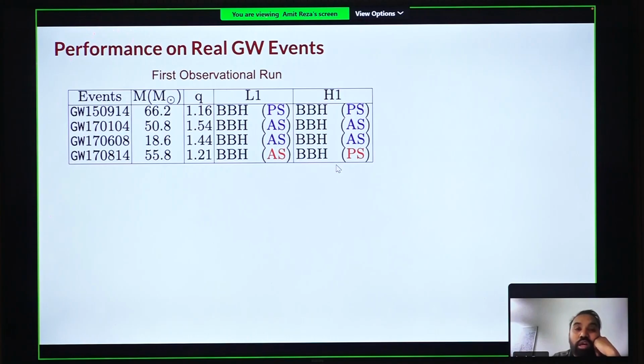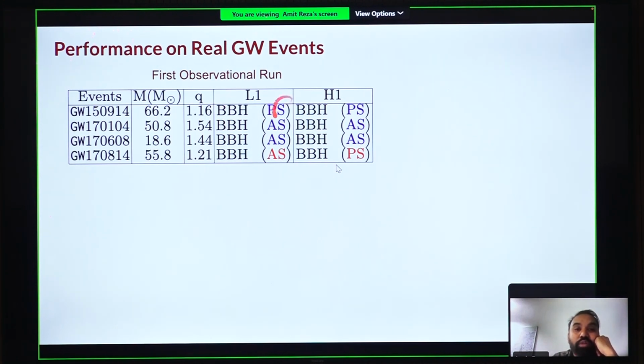What if we use this kind of model to predict on real GW event data? We went through all the different events available in the first, second, and third observational runs, and tried to predict whether each is an aligned signal or a precessing signal, using the hierarchical binary classification setup.